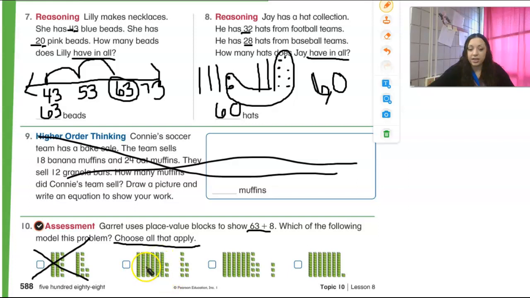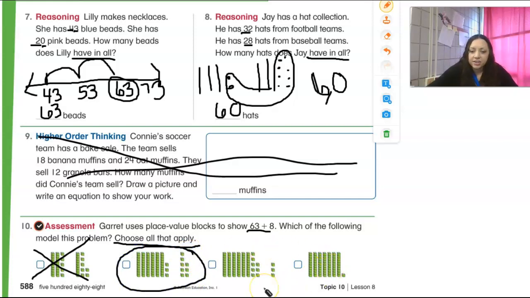So 10, 20, 30, 40, 50, 60, 61, 62, 63. Well, that's one of my numbers. Let's check and make sure that I have the 8 on this side. 1, 2, 3, 4, 5, 6, 7, 8. So that is 63 plus 8.